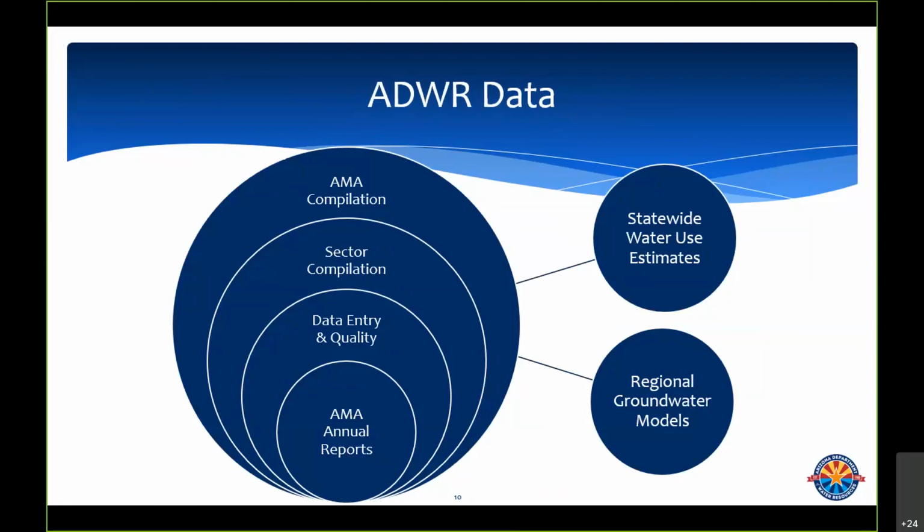Once that AMA compilation happens, then we can hand off that data to our hydrology group, who can then incorporate it into the models. So our AMA data lags by about a year, and then the hydrology data lags even further behind that, just by nature of making sure that that data is reasonably final and working it into these compiled forms.